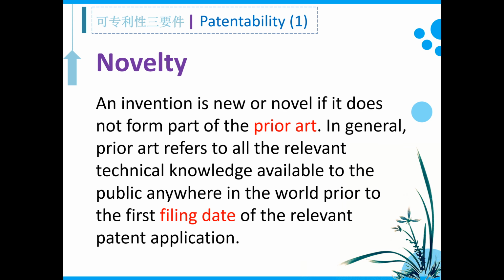Number two, whether this technology, this invention is new or not, is compared to the technology which was available to the public before the date of filing. So here, the date of filing will be very critical to establish the scope of prior art to the inventor, right?